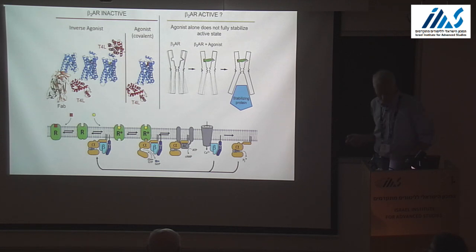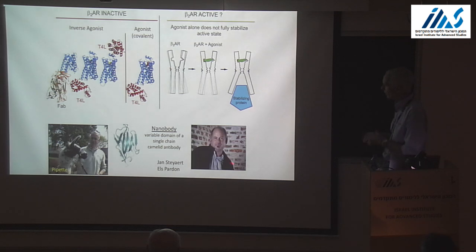So we tried antibodies again. We tried mice, we tried chickens, and ultimately I met Jan Steyaert at a Gordon conference, and he was pushing the development of camelid antibodies. And so I thought, why not try? So we sent them protein.